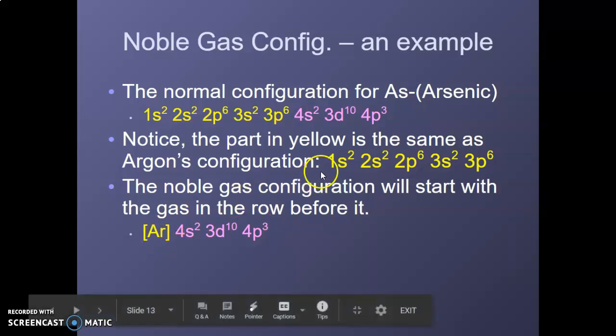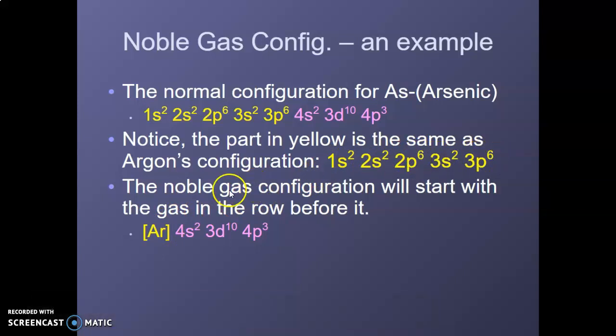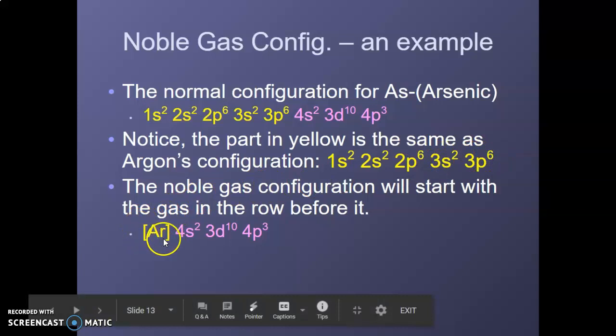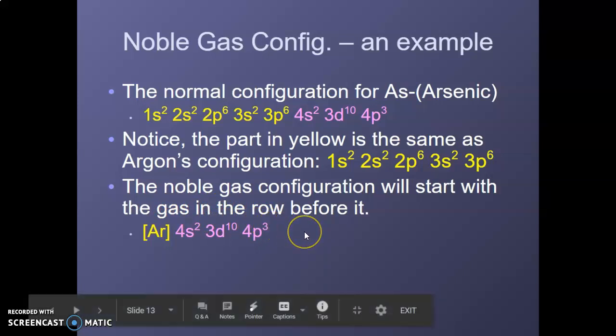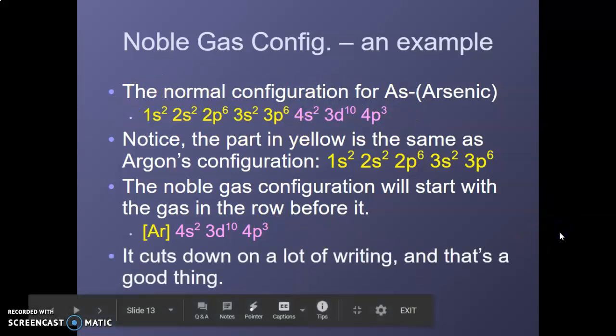Let's confirm that. 2, 2, and 6 is 10, plus another 2 and another 6 adds up to 18. So this means the first 18 electrons, there's 20, 30, 33. And that's how we can use this shortcut with an abbreviated noble gas electron configuration to represent the electron configuration for arsenic. Okay, and it does cut down on a lot of writing, and that is a good thing.